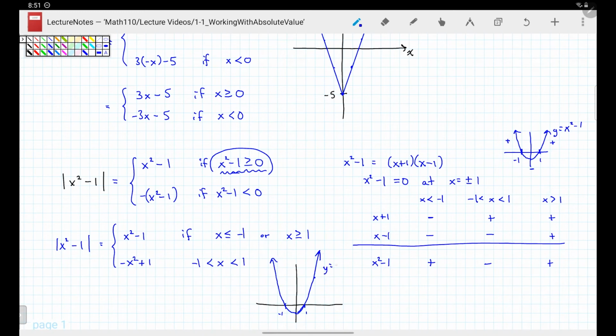This is y equals x squared minus 1. And so we would graph that function only on the outsides of negative 1 and 1. So I'm actually going to remove this bottom piece. Now, if x is between those, I would do negative x squared plus 1. And negative x squared kind of looks like this. And if I move it up 1, then I'm going to have this piece here.